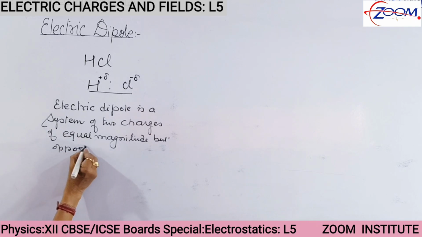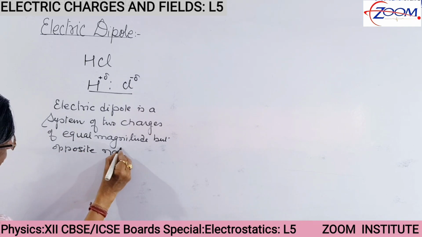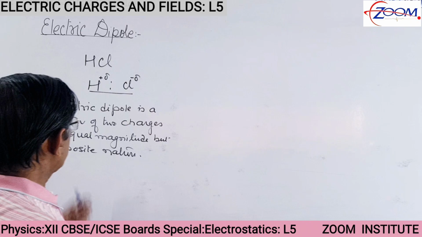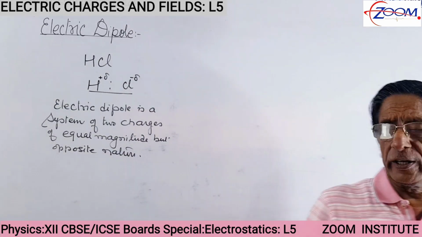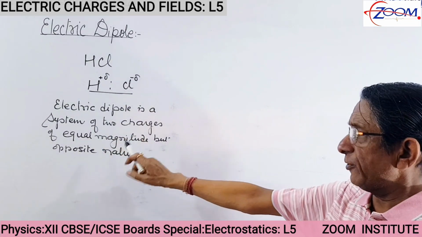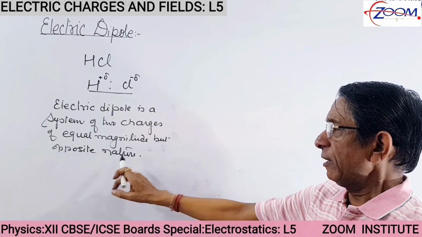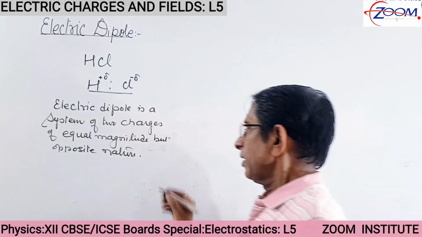Opposite nature. So remember, dear students, what is electric dipole? Electric dipole is a system of two charges of equal magnitude but opposite in nature.